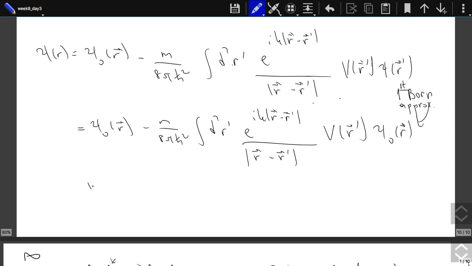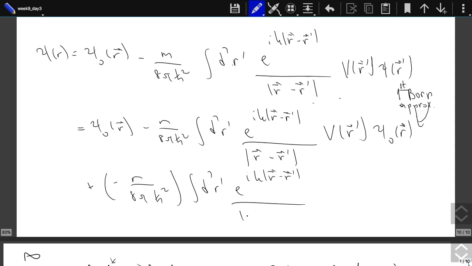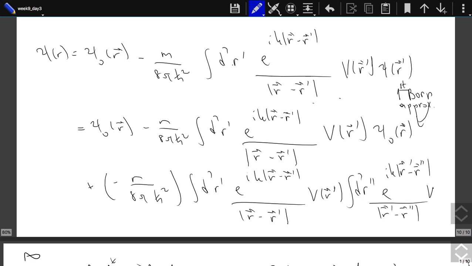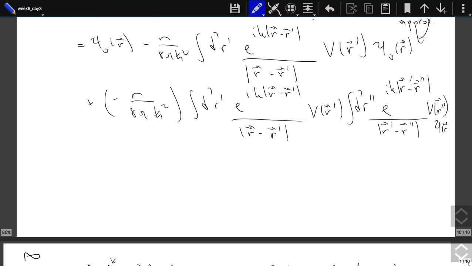And then we have plus the other term, which is minus m over 8 pi h bar squared, integral d cubed r prime, e to the power i k |r minus r prime| over |r minus r prime|, V of r prime times the integral d cubed r double prime, e to the power i k |r prime minus r double prime| divided by |r prime minus r double prime|, V of r double prime psi of r double prime.